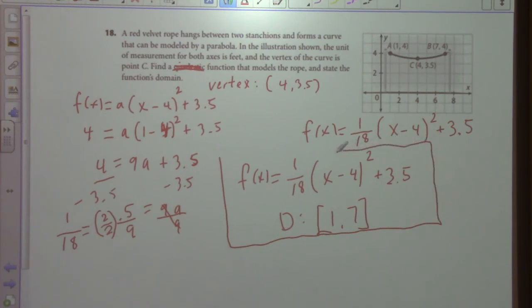Did anybody check that in the calculator? You did, Steve? Okay, good. And the thing about it is, if we used 7, 4, the 4 would be exactly the same, right? But you would have 7 minus 4 instead of 1 minus 4, and then you'd still get 9, wouldn't you?